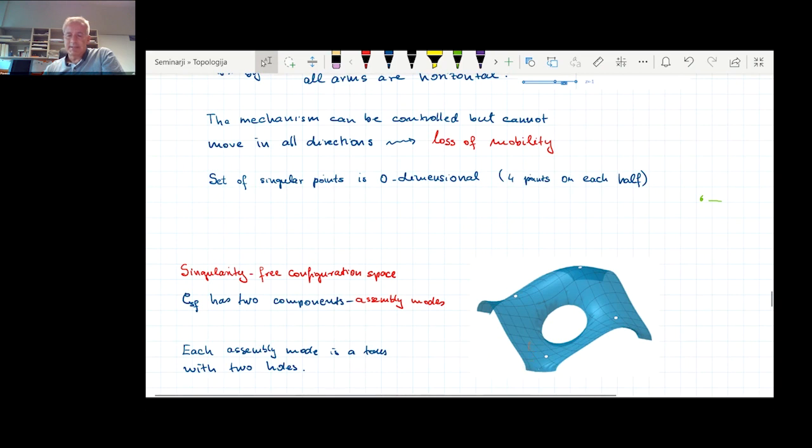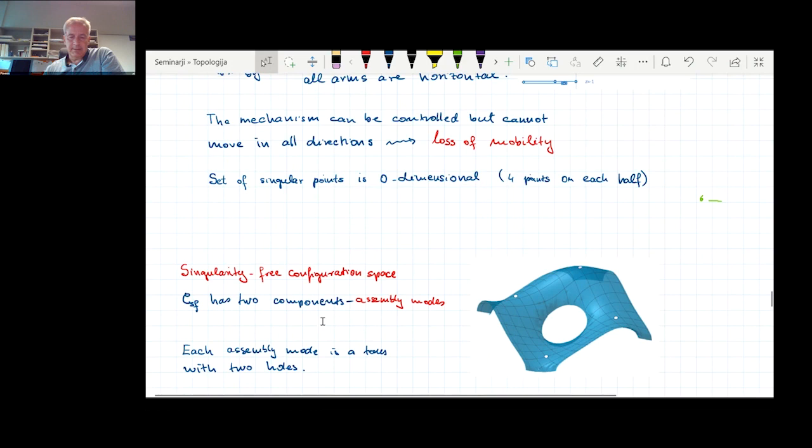It splits into parts, the upper part and the lower part, and on the upper part, together with the identifications, there are 4 points which are cut out. So this is essentially a geometrical representation of the singularity-free configuration space, and I'm going to call this C with CF as an additional description.